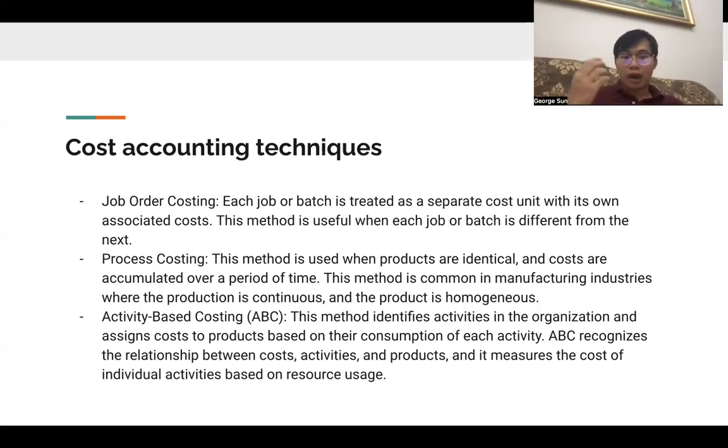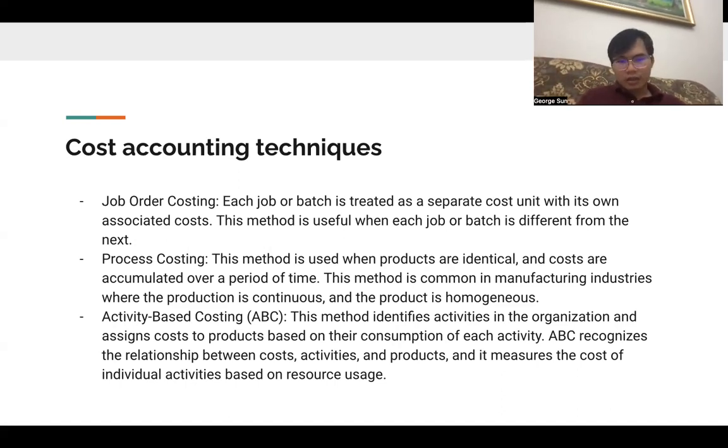Or I can do process costing. This is mostly used in, let's say, manufacturing companies because, let's say, washing the car costs this amount of money, ironing the iron costs this amount of money. So this is another way of accounting.